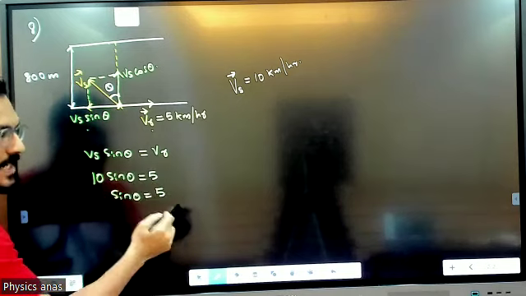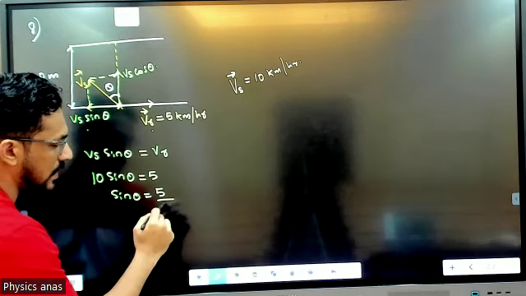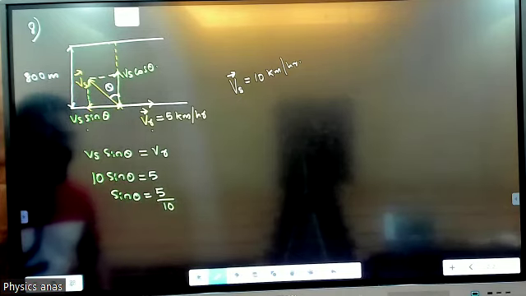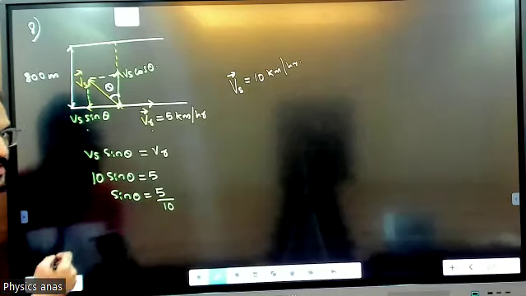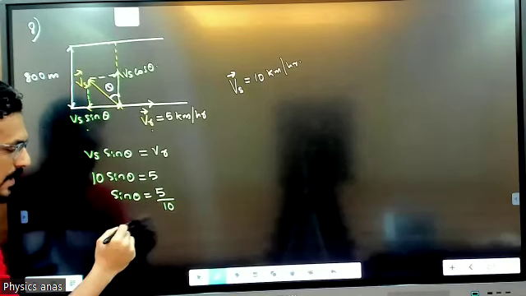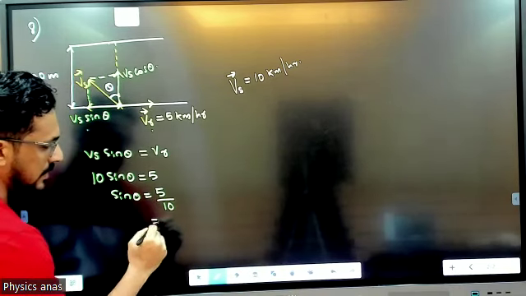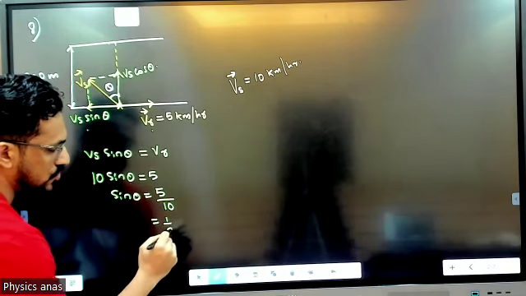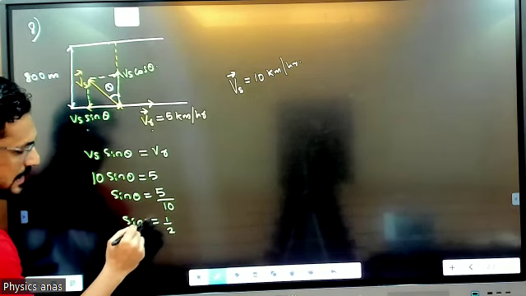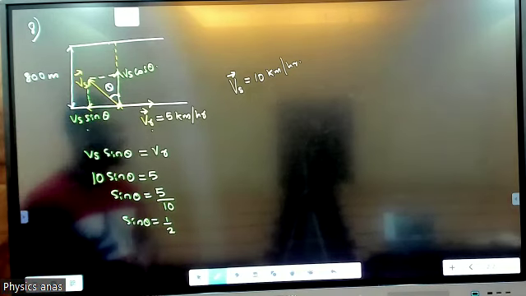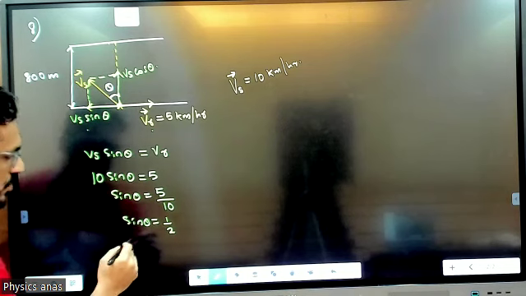You can bring this 10 to the other side. Then sine theta is equal to 5 divided by 10, which is 1 by 2. So sine theta is equal to 1 by 2.